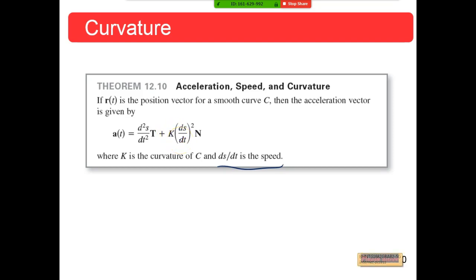We were using something else, and they give it down here, magnitude of v times magnitude of T prime, which is sort of a pain in the neck type thing to do. But anyway, you can look at that proof and see that it does come from that.